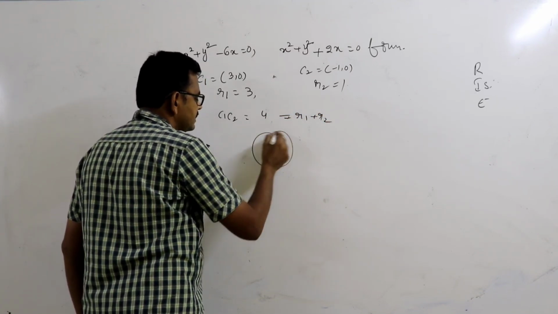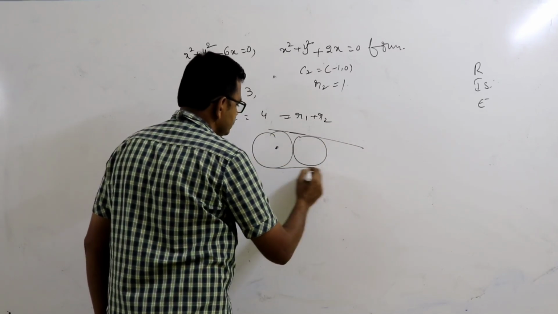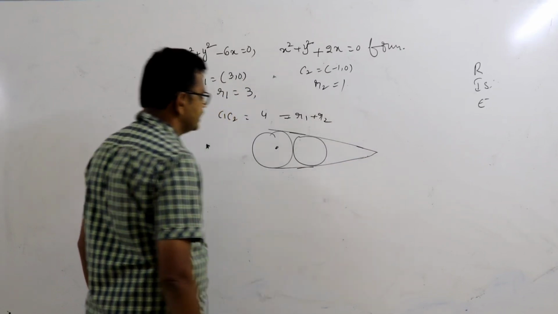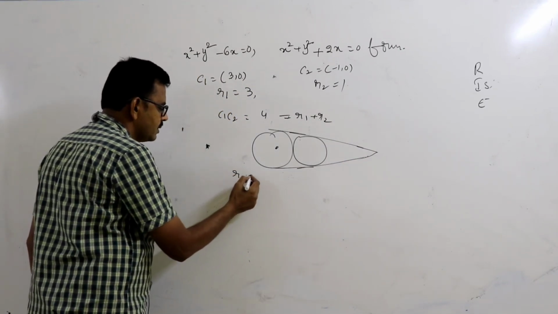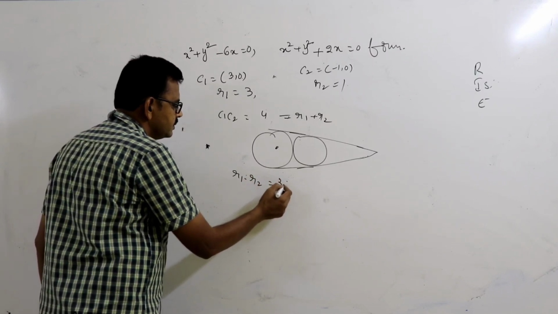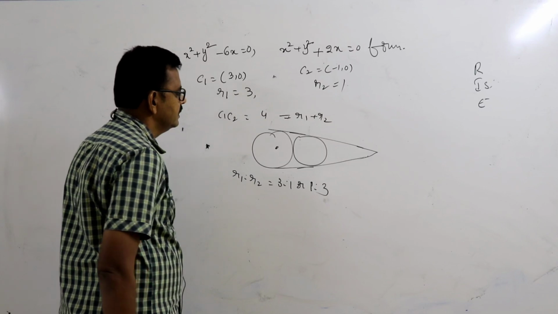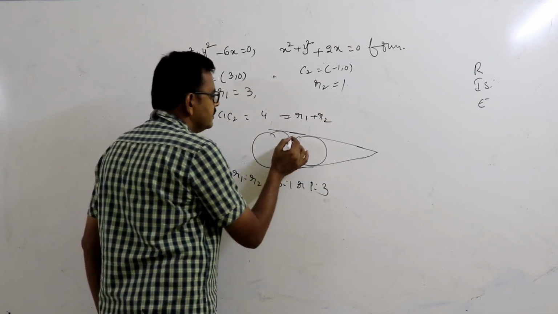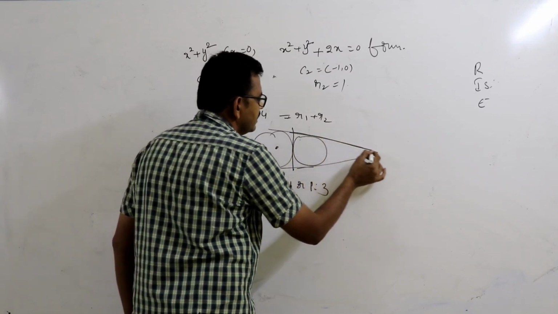The two circles touch each other externally, and R1 is to R2 is 3 is to 1. Then the triangle formed by the common tangents is an equilateral triangle.